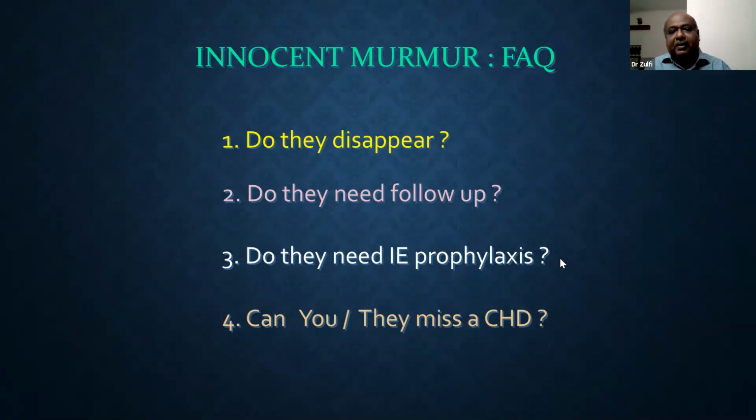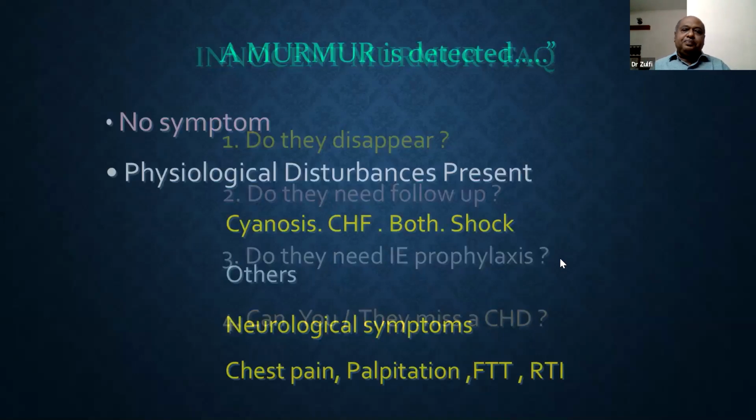You don't need a follow-up. Do they need IE prophylaxis? Of course not. And the last question they will ask you is, have you missed something? That probably prompts a pediatric cardiologist to do an echo, even though you feel that it is a genuine innocent murmur, because these questions are sometimes very difficult and have to be answered very promptly.